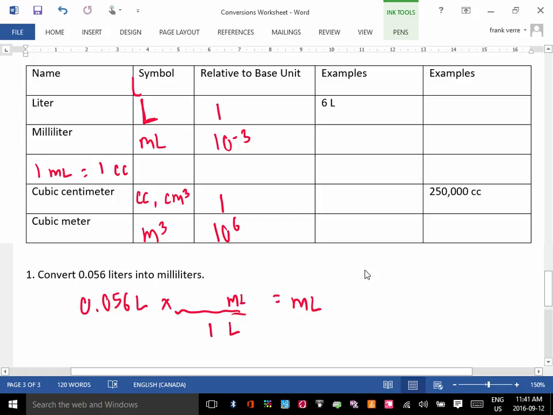Remember how you read this, right? 1 milliliter is 10 to the negative 3 liters. 1 liter is 10 to the 3 milliliters. So if we put a 1 here, what do we put here? 10 to the 3.